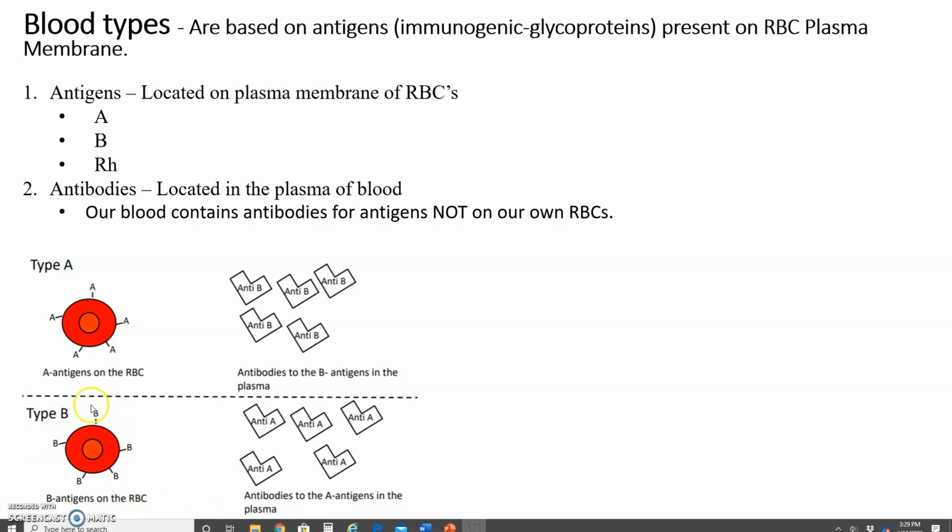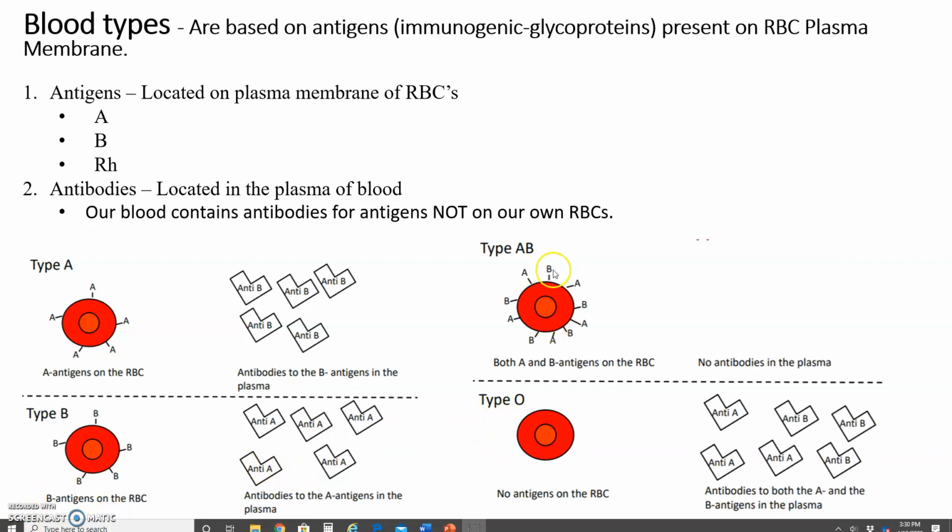So if we then look at type B blood, it has B antigens on the red blood cells, but it contains anti-A. So again, if it was exposed to A antigens, the A antibodies would attack and cause the blood to clump.